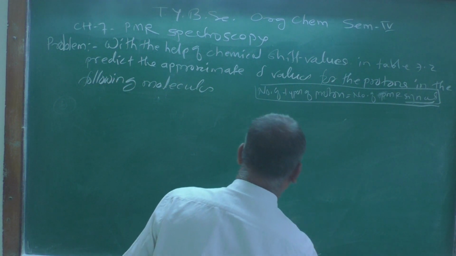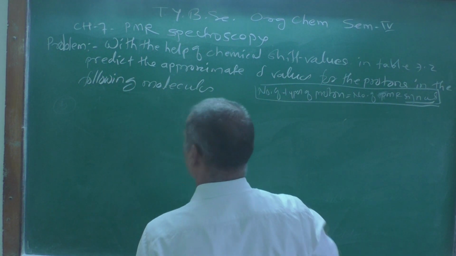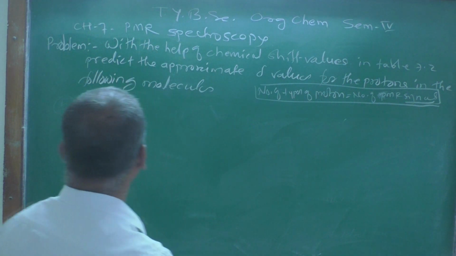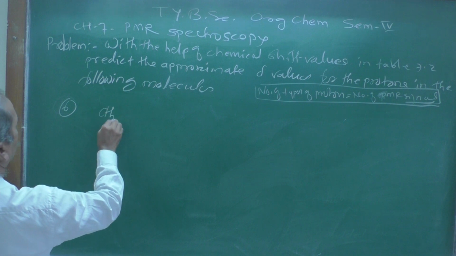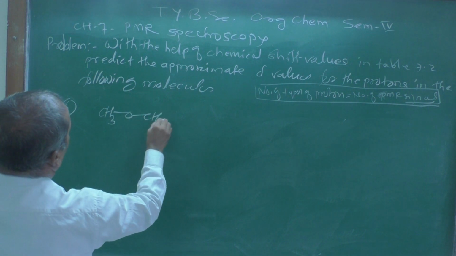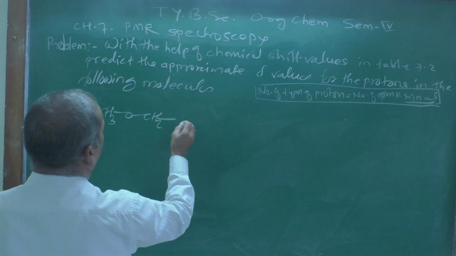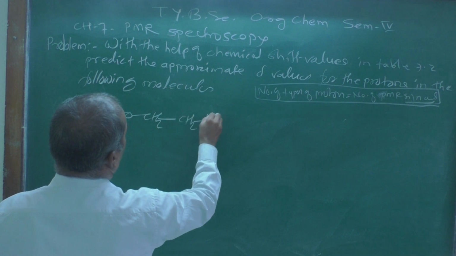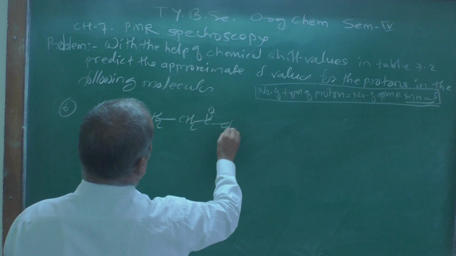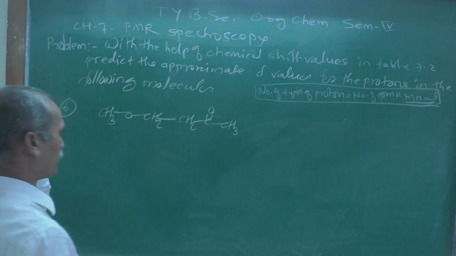Now let us see problem number 6. Again let me draw here CH3O, then CH2, then CH2, C double bond O and CH3.